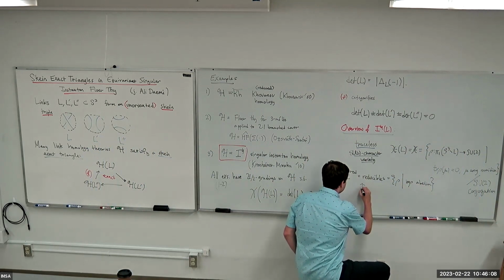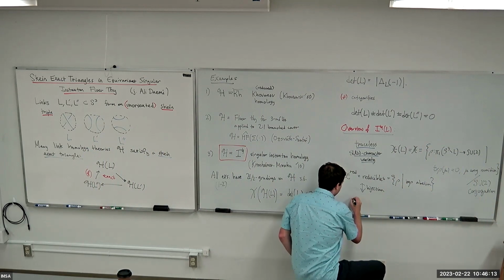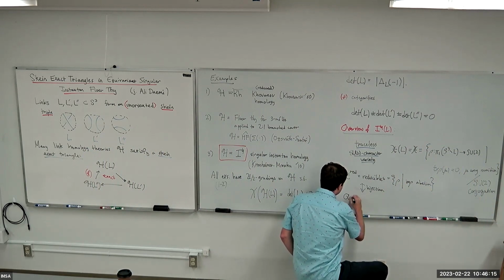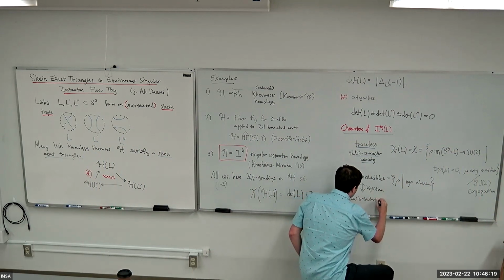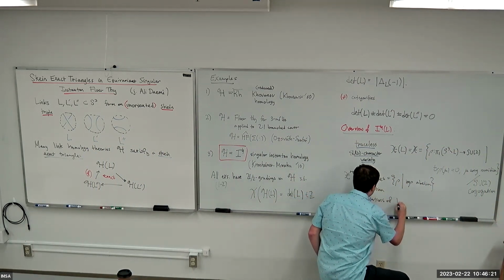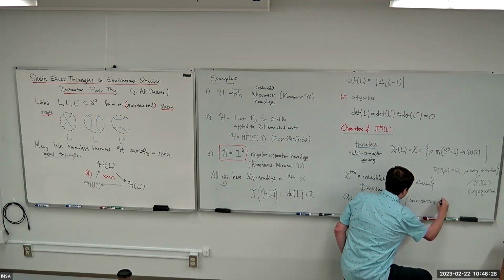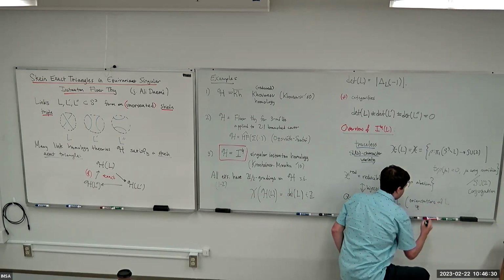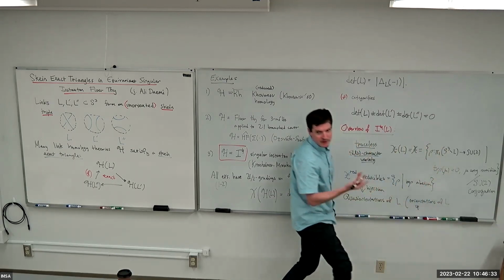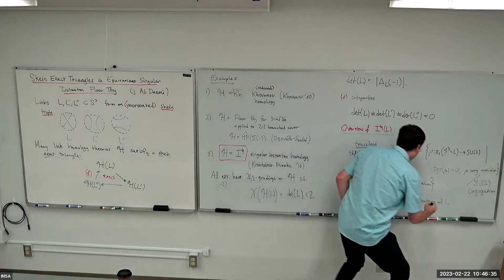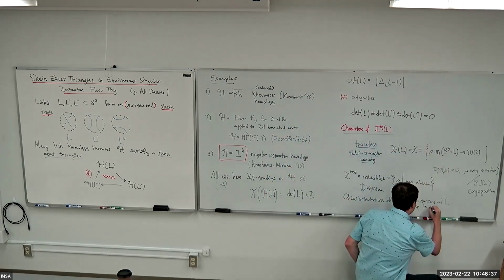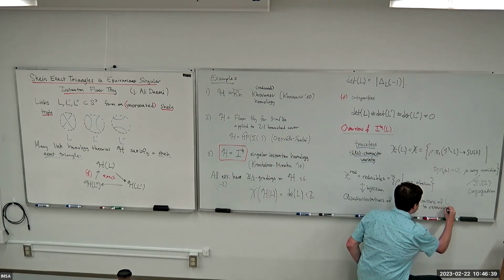These are in bijection with quasi-orientations of your link, which are just orientations of L up to reversing all components.